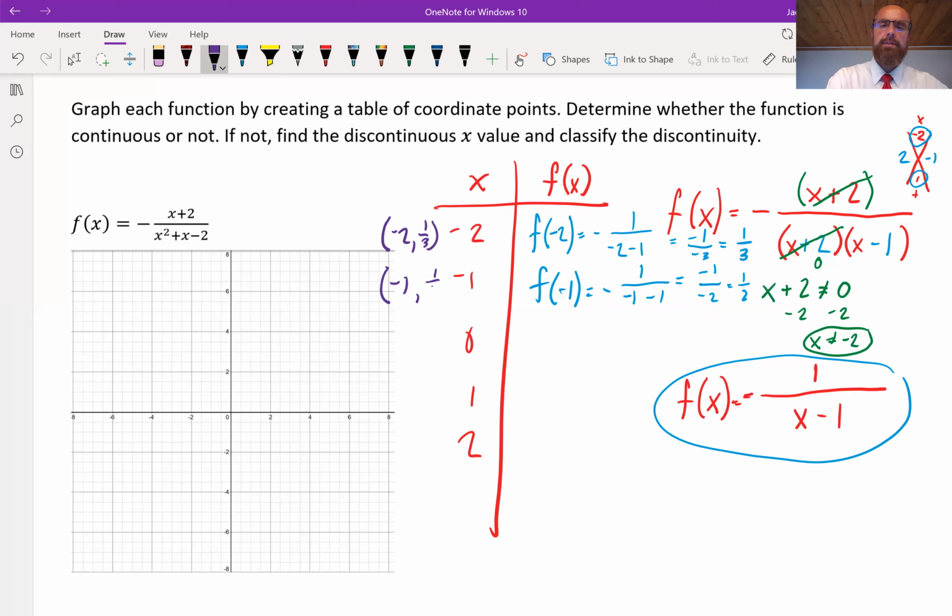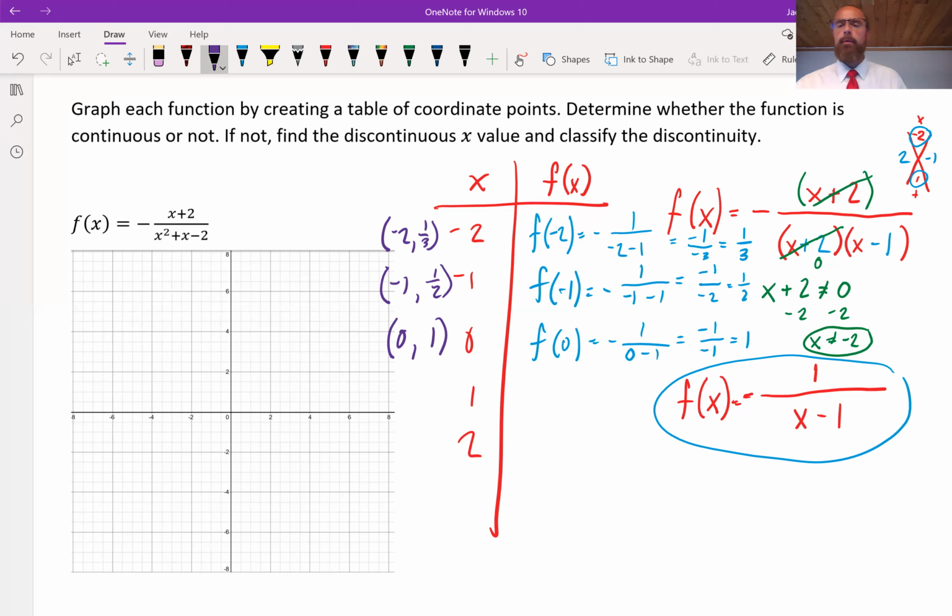F at 0 is 1 over, replace x with 0, 0 minus 1, which is 1 over -1, or -1. So I'm down at the y-intercept of 0, -1.